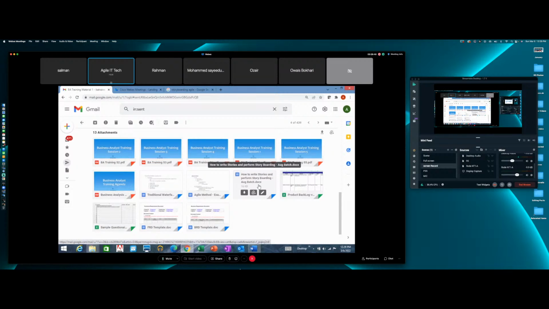After that, you'll be able to do your first homework assignment, which is on product backlog. The second homework assignment is the sample questionnaire, which will come after session number 4, slide 4, which we will finish easily next week. So next week, you're going to get assigned both homework assignments, 1 and 2, because we would have completed this whole section.